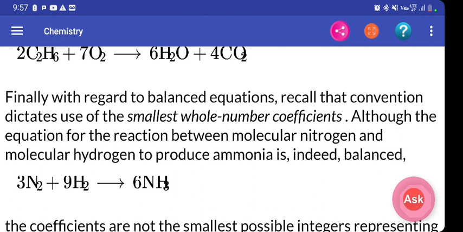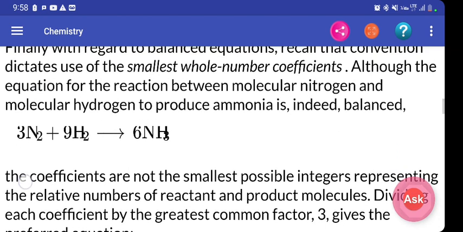Finally, with regard to balanced equations, recall that convention dictates use of the smallest whole number coefficients, although the equation for the reaction between molecular nitrogen and molecular hydrogen to produce ammonia is indeed balanced.